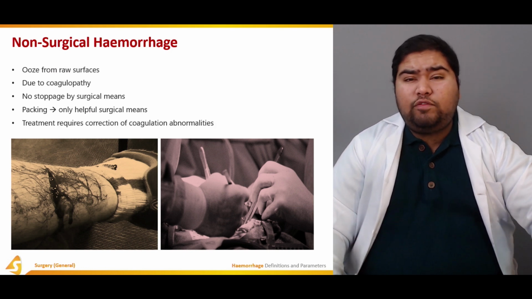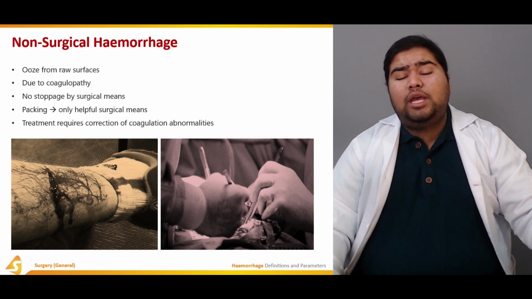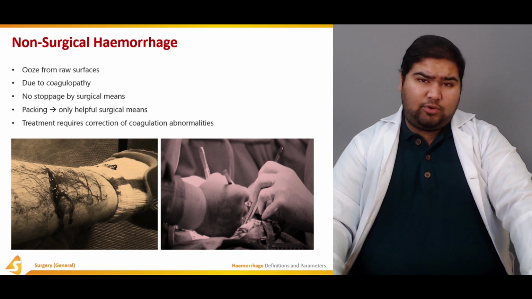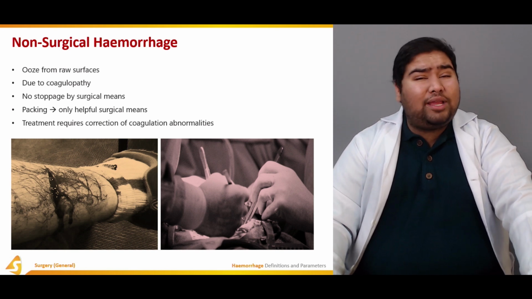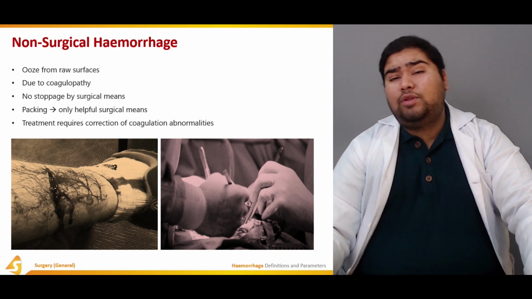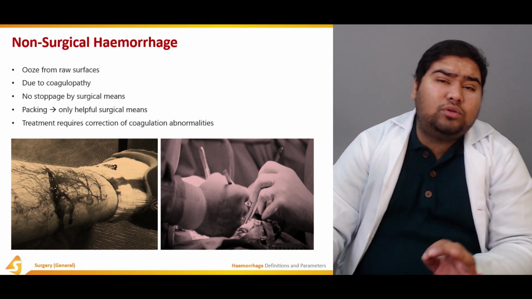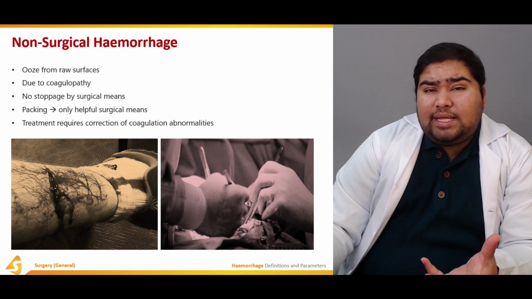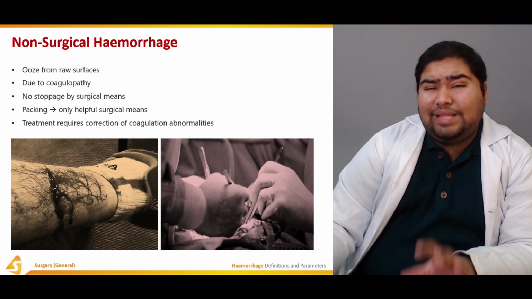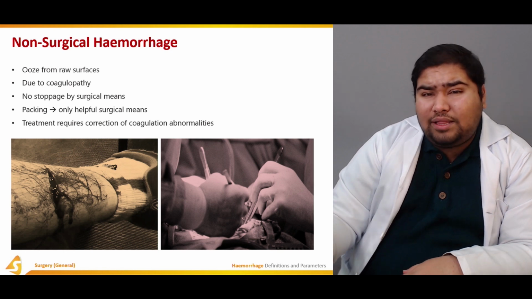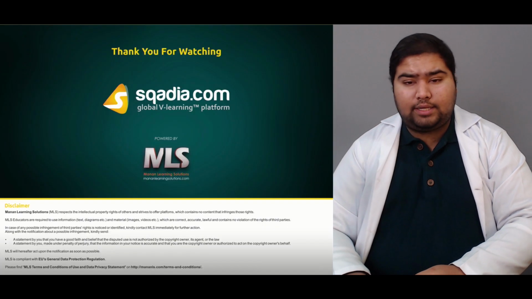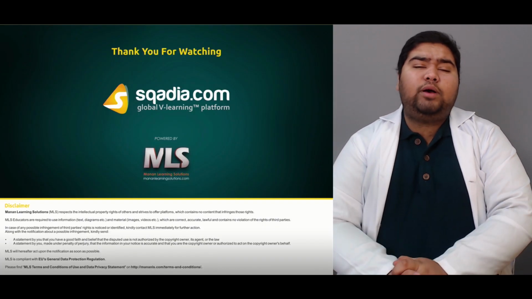The treatment of a non-surgical hemorrhage requires rapid correction of the coagulation abnormalities, and to correct the coagulation abnormalities you need to first find out the cause. You need to first find out what exactly is causing the abnormality in the first place, and once you have found out the cause, you need to correct it so that the coagulation abnormality might be corrected. So this was all about this section.